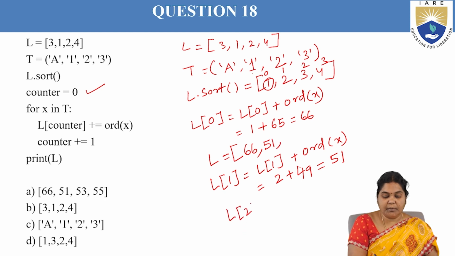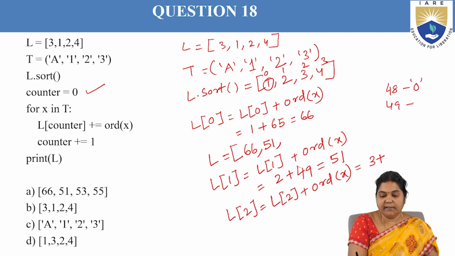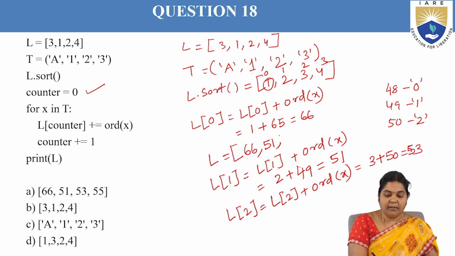Now L of 2 is L of 2 plus ORD of X. L of 2 is 3, plus ORD of X where X is the character 2. 48 is character 0, 49 is character 1, 50 is character 2. So it is 50, and it becomes 53.